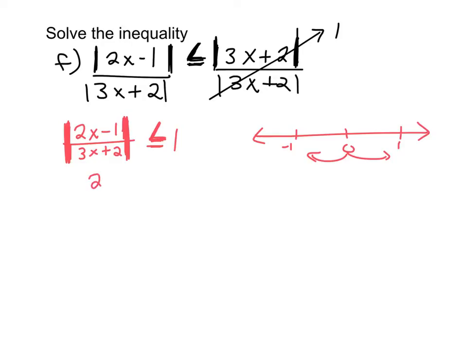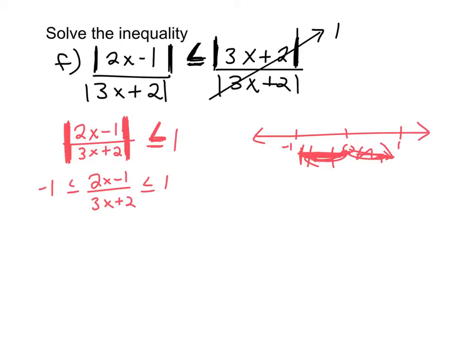Alright, so that means that this 2x minus 1 over 3x plus 2 must be between 1 and negative 1, right, because the distance I travel from 0 is less than or equal to 1. I'm allowed to stop there. I'm allowed to stop here. I can get all the way to 1, but I must be less than or equal to 1. Okay, same thing on the other side.